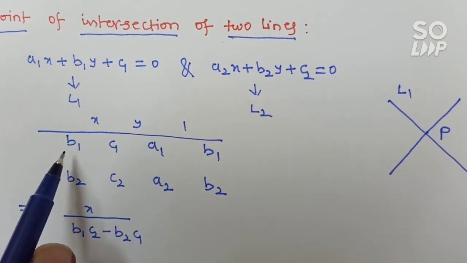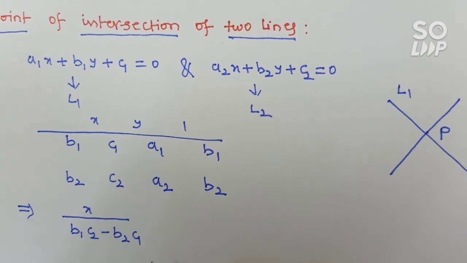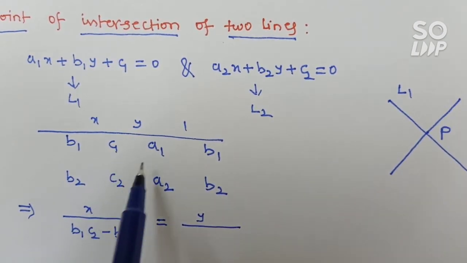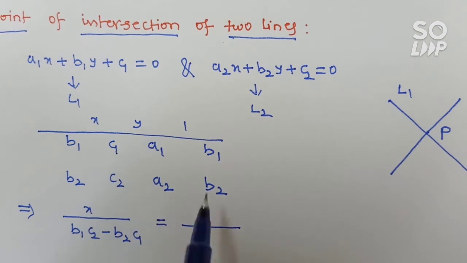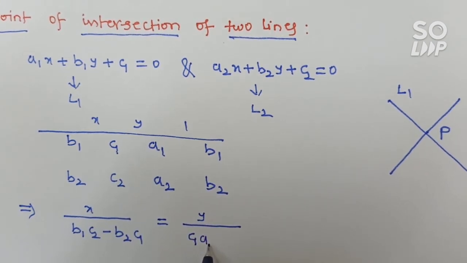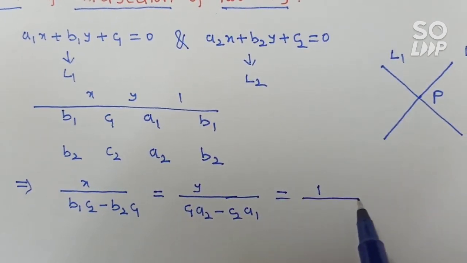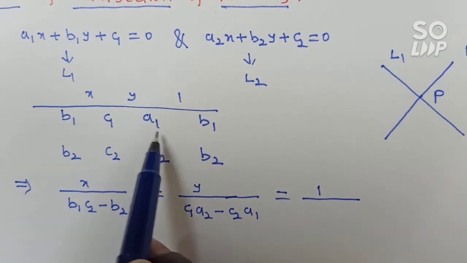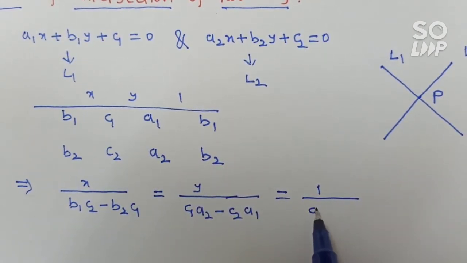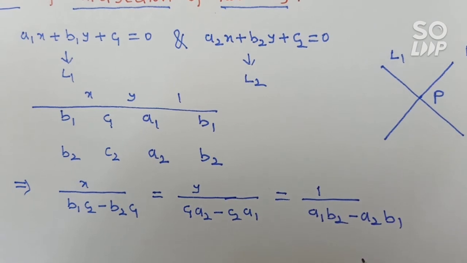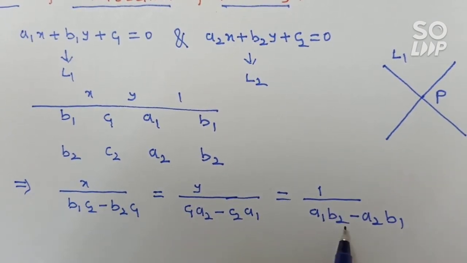By using that formula, b1 c2 minus b2 c1 is equal to y by, and next you take the second and third columns, c1 a2 minus c2 into a1, is equal to 1 whole divided by, you take the third and fourth columns and write the determinant, that is a1 b2 minus a2 into b1, right? So these three ratios are equal.